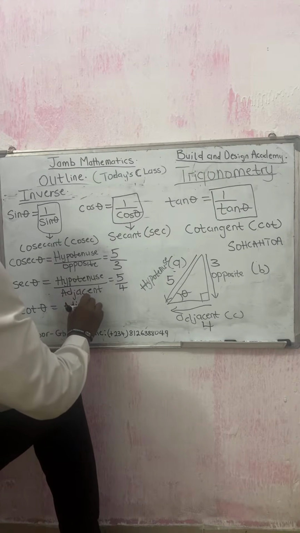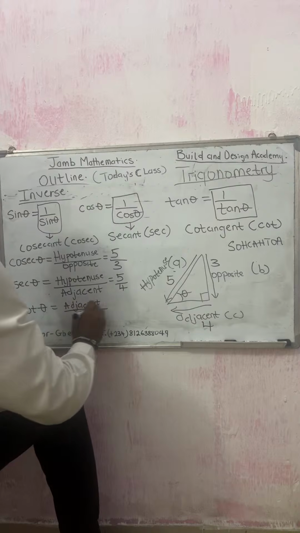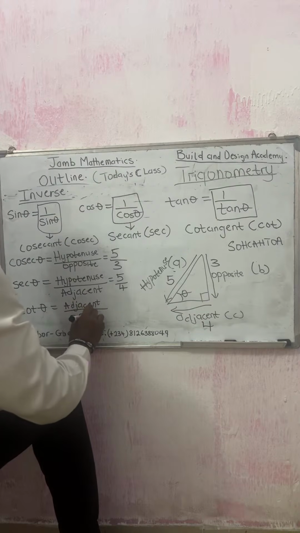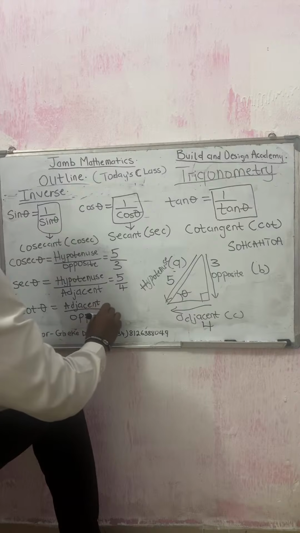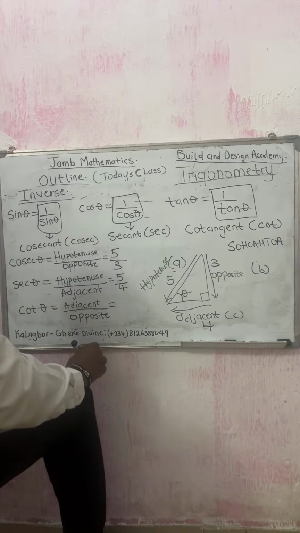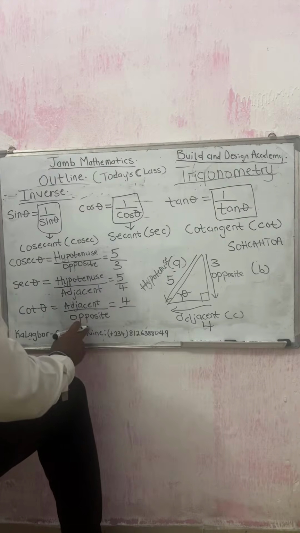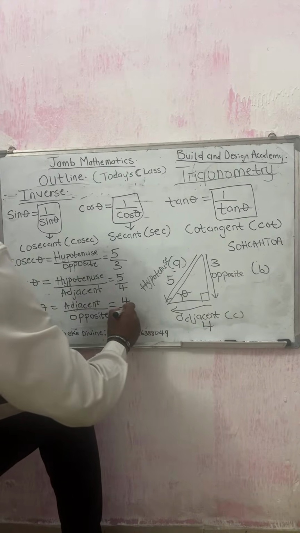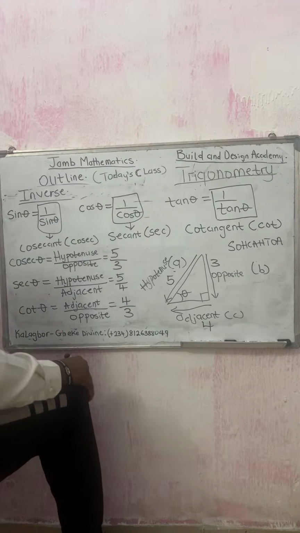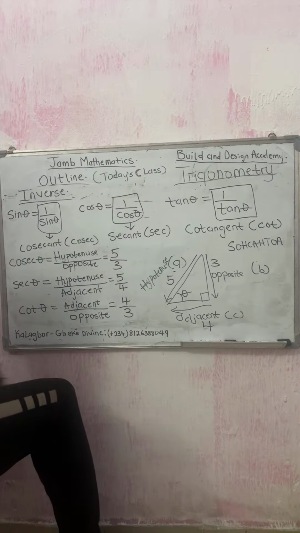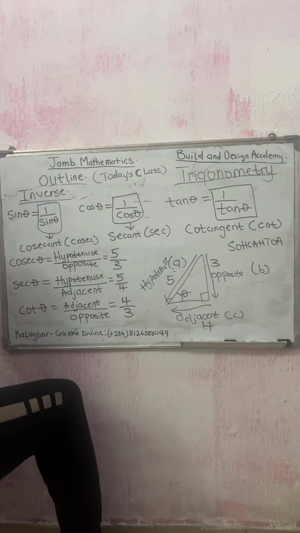Adjacent all over opposite. And our adjacent is over here as 4, and our opposite is over here as 3. So this is how we represent the inverse of sin theta, cos theta, and tan theta.